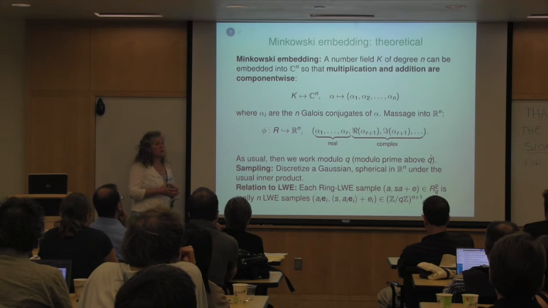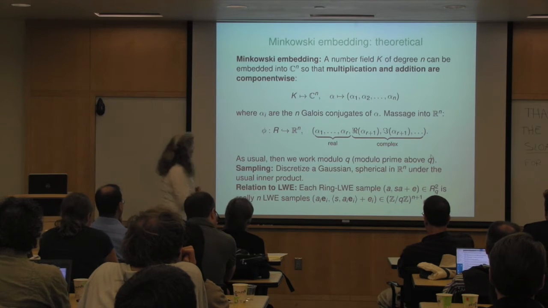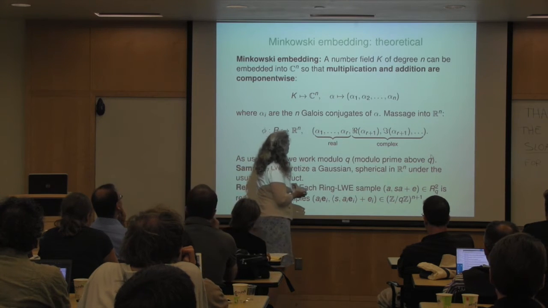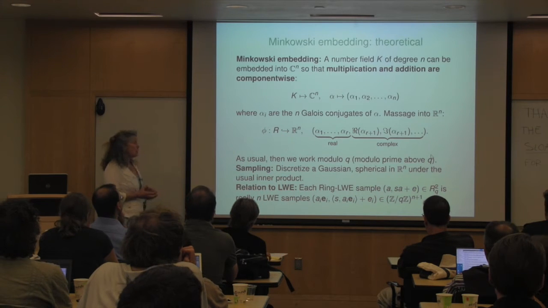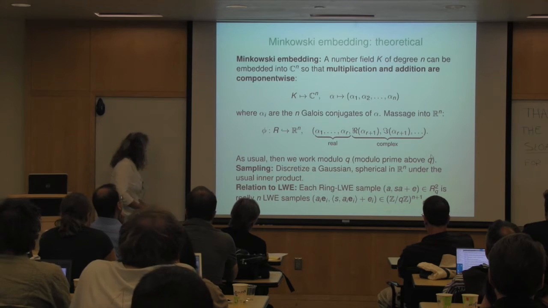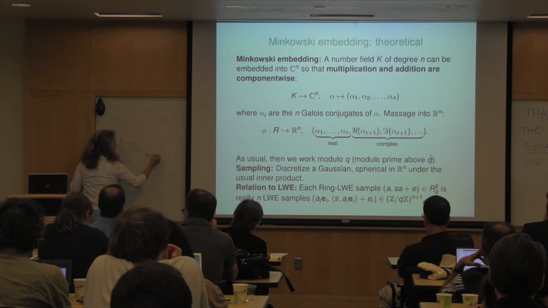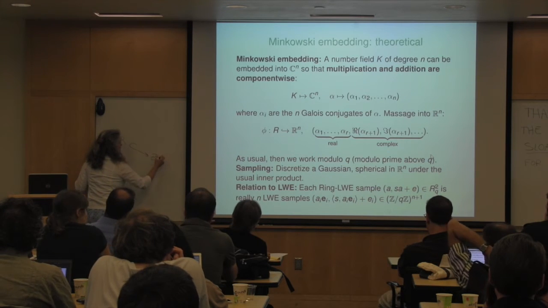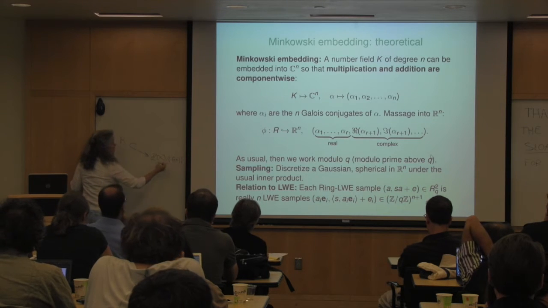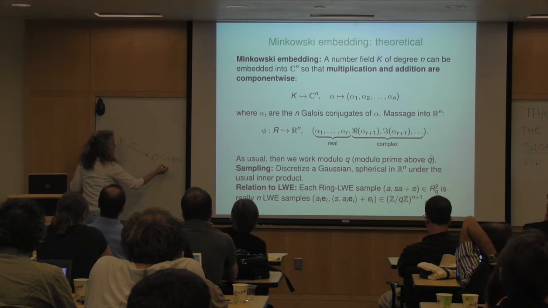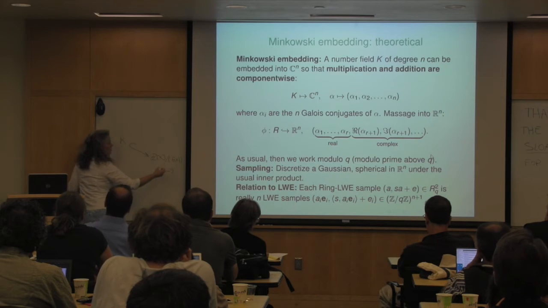Okay, so here's another way to do the error distribution. This is the one that some people call the natural way, and some people call it the theory-approved way. There are different names different people give to it. The point is that instead of taking your ring R and thinking of it as a polynomial ring with a specific choice of polynomial, as in the distribution I talked about, if it's monogenic, you could think of this as Z adjoin alpha with a power basis, where the powers of alpha are the basis.